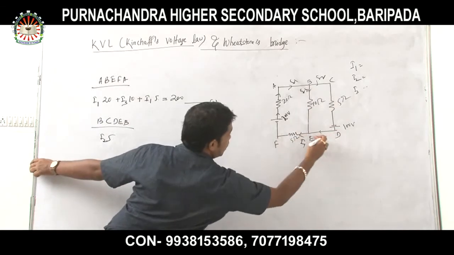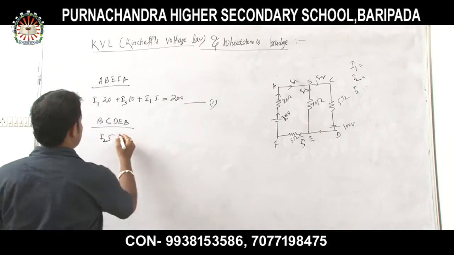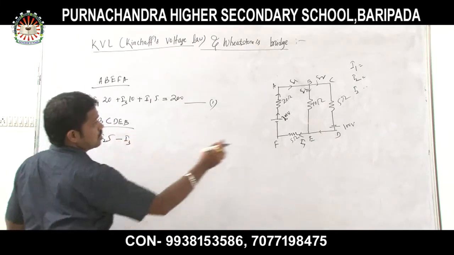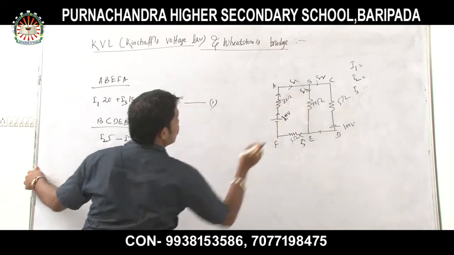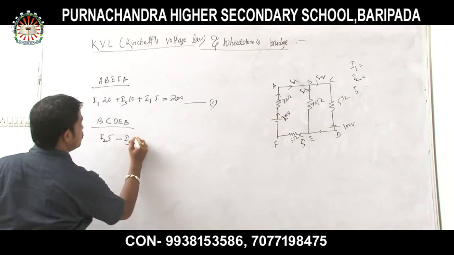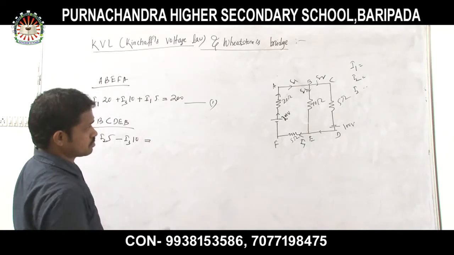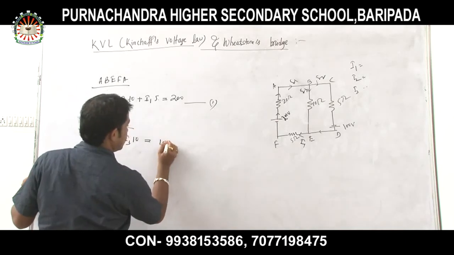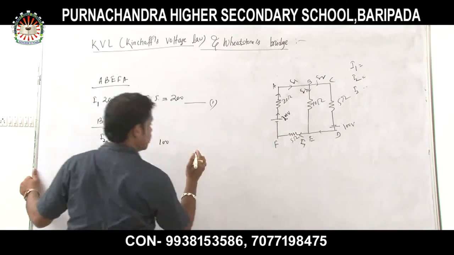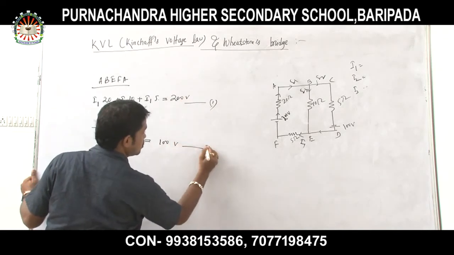When you enter into this, you will face anti-clockwise. So this is minus. This is clockwise, but this is anti-clockwise, so minus I3 into 10. This is equal to, now it is also producing a clockwise current, so 200 volt and 100 volt. Equation number 2.